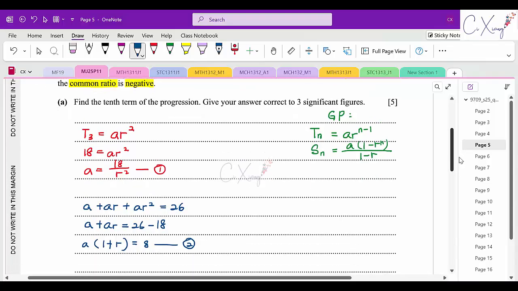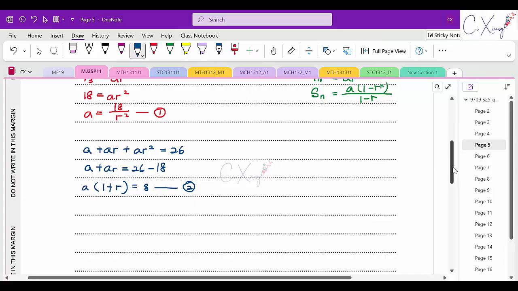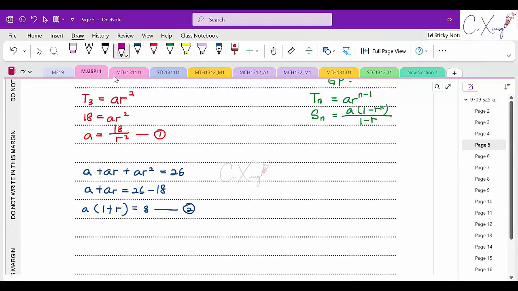Now let us solve these two equations to get the values of A and R. How can I solve them? I solve them simultaneously. I think most of us should know how to solve it. I substitute equation number 1 into equation number 2.